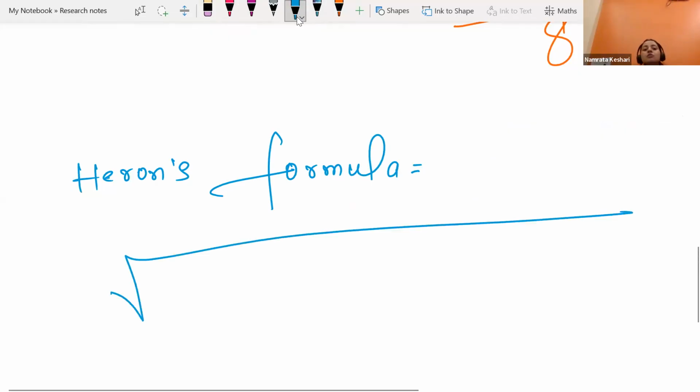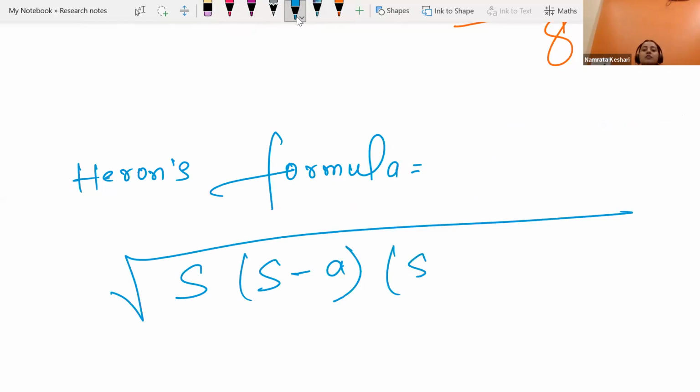If you know all the three sides, then you can use my formula, and always it will give you the area of the triangle. Okay, and the formula is this one.